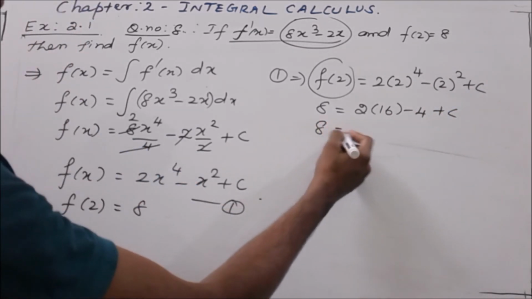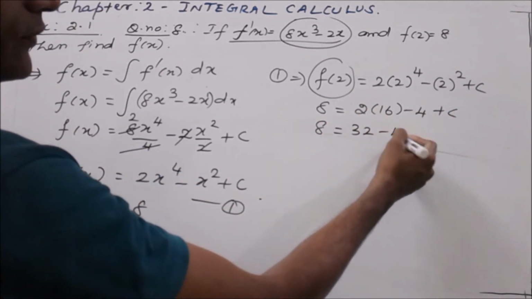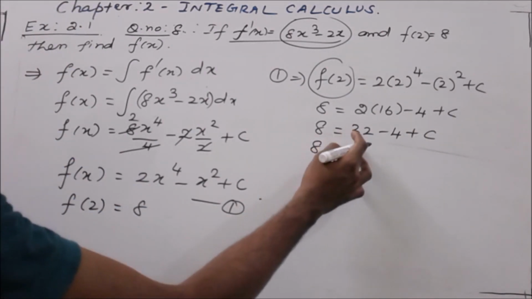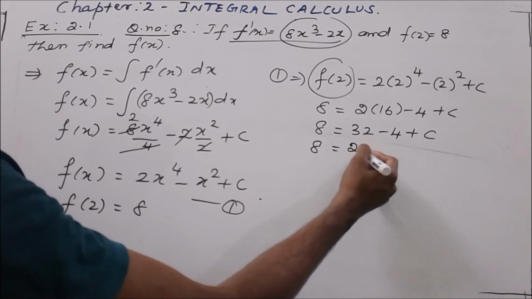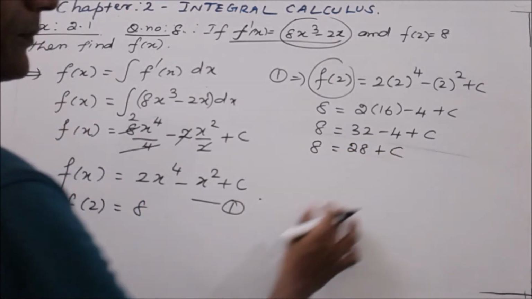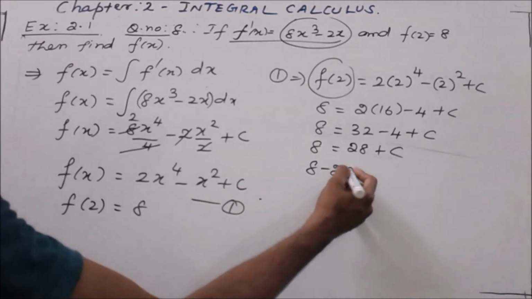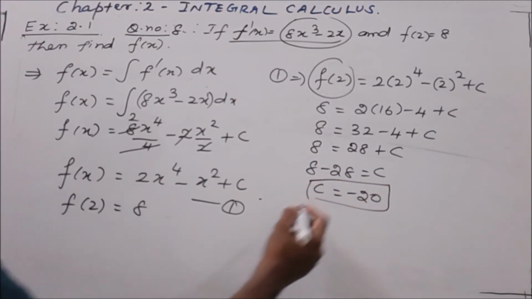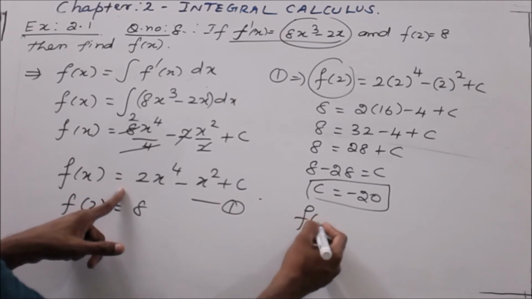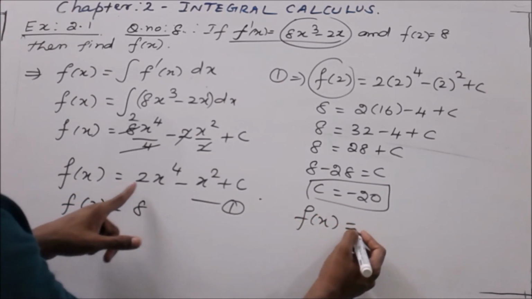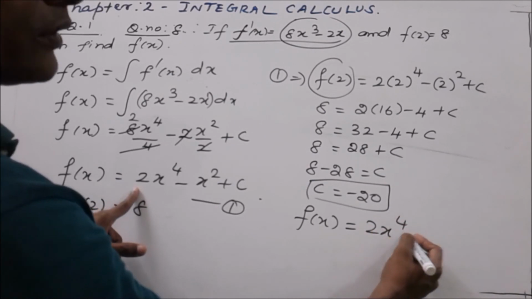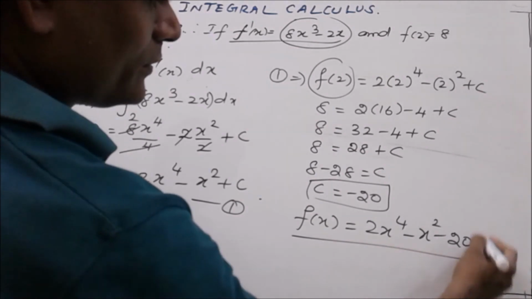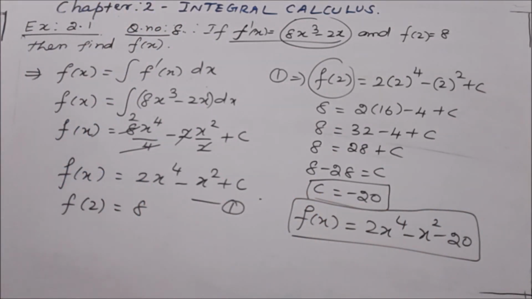So 8 equals 32 minus 4 plus c, 8 equals 28 plus c. Now 8 minus 28 equals c. C is equal to minus 20. Substituting in 1, the required f of x is 2x power 4 minus x square minus 20.